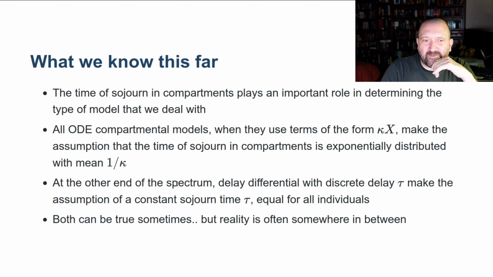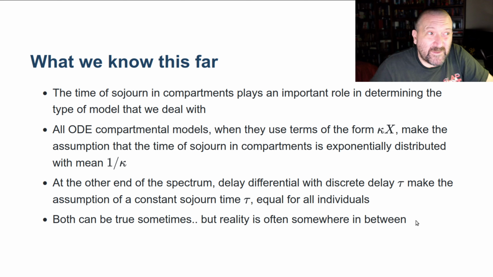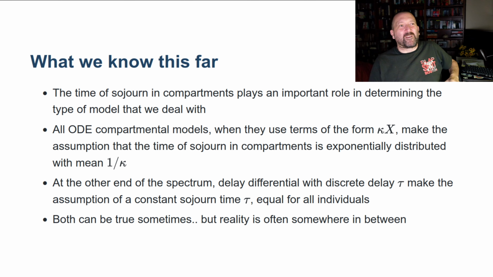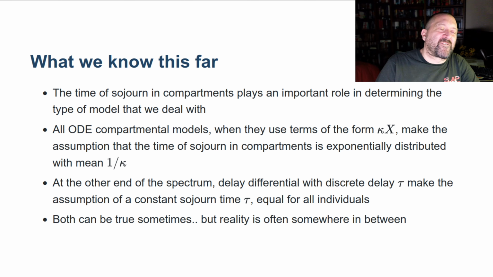Delay differential equations come out of assuming that you have a Dirac distribution for your random variable. And I'll point out that both can be true, but reality is somewhere in between. In particular, oftentimes people justify using delay by saying that ordinary differential equations only involve the present, which is true.